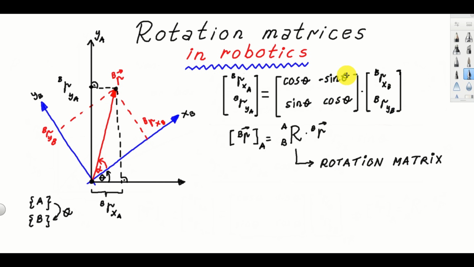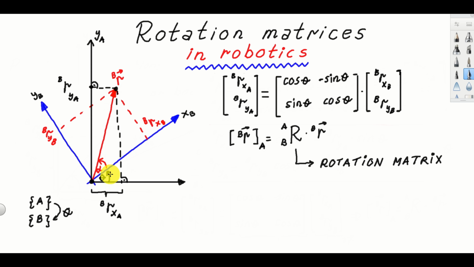Here is a brief summary of what we learned in this video tutorial. To transform the vector RB from the coordinate system B to the coordinate system A, we need to take the projections of the vector RB in the coordinate system B and multiply them by the rotation matrix.